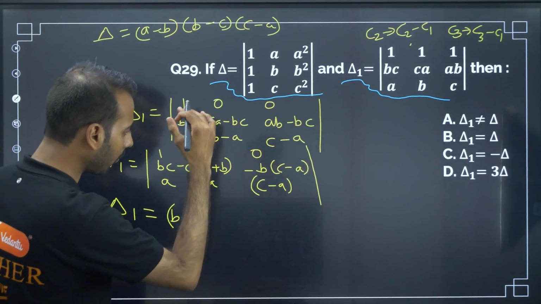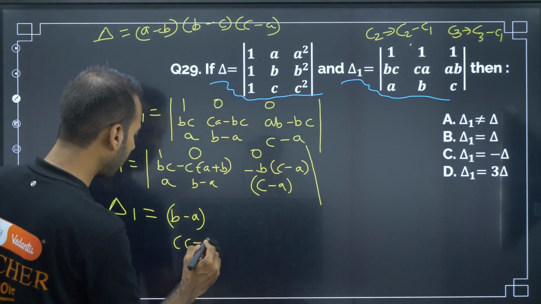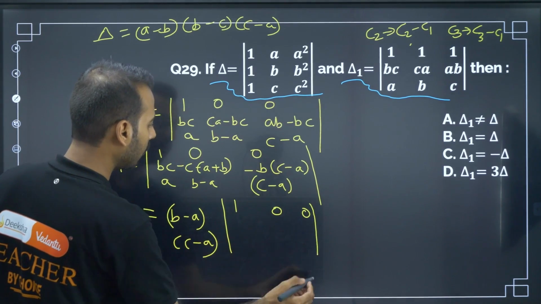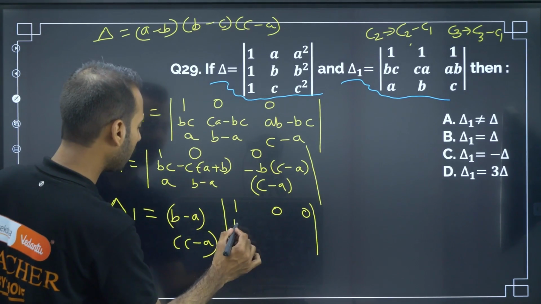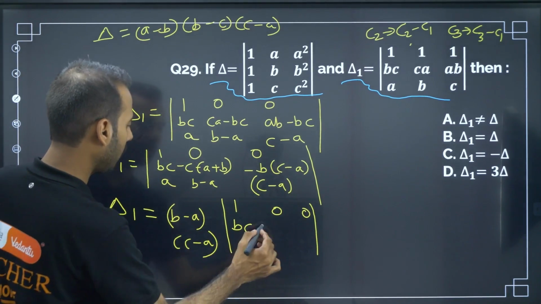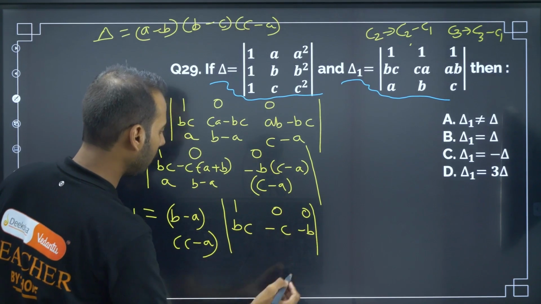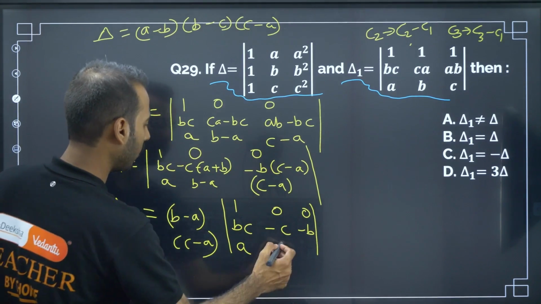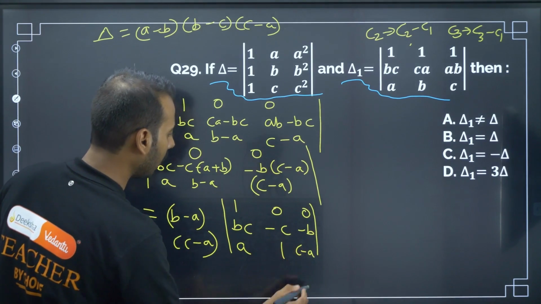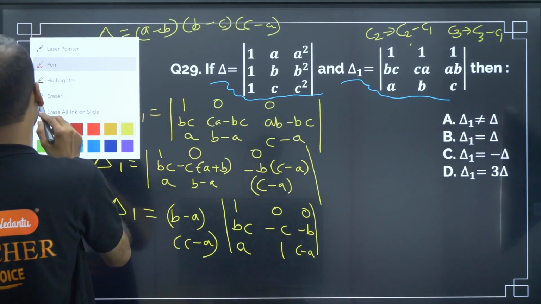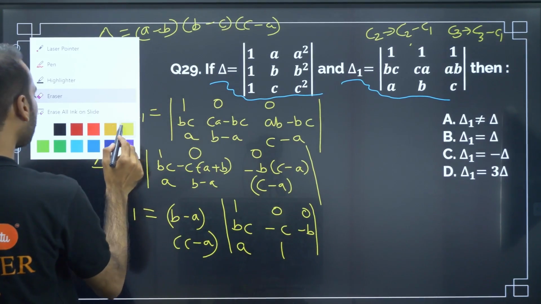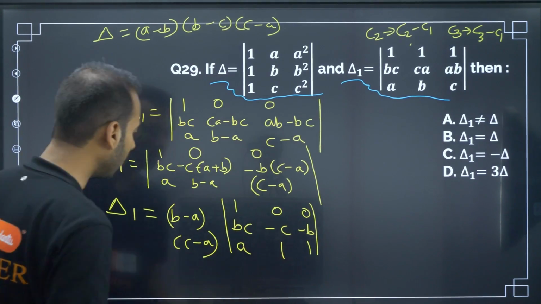Next, from the third row I am dragging out C minus A common. So what am I left with? 1 0 0, 1 0 0. Here I am left with BC minus C minus B, A, B minus A, and 1, C minus A, which we have already dragged out common, so we are left with 1 only.